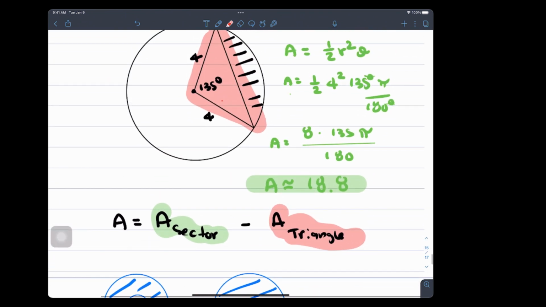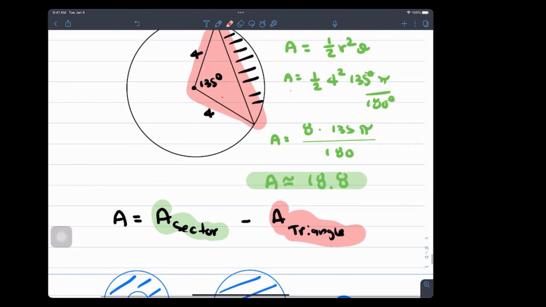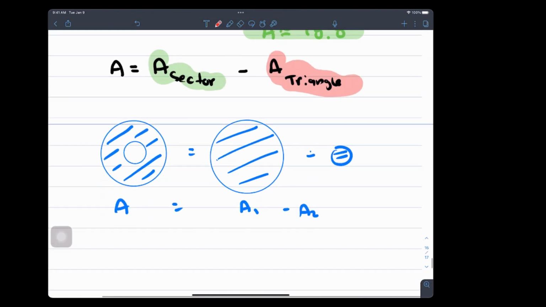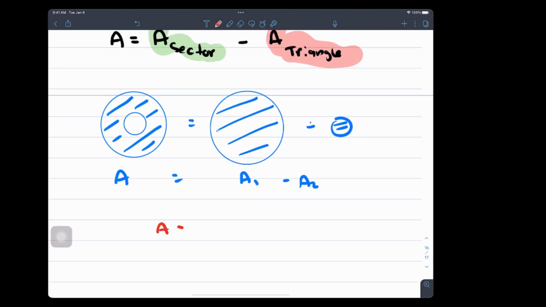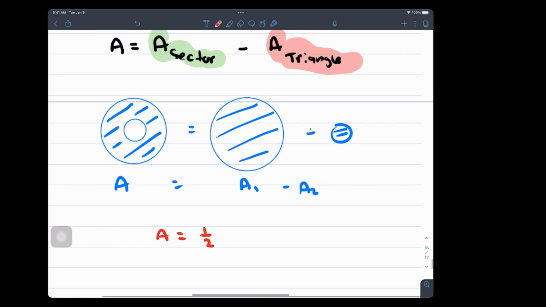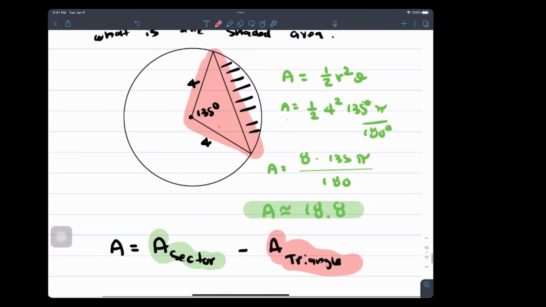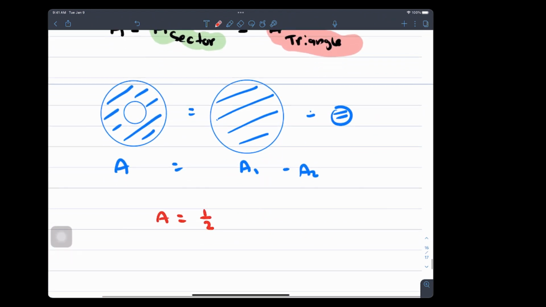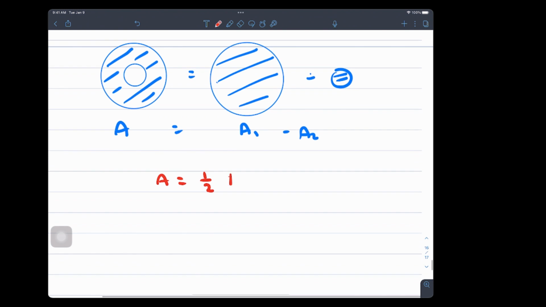How do you get the area of the triangle? Do you guys remember? Area of the triangle, now in red, is 1/2 ab sine C. We've got side angle side. Side angle side for the triangle, that's 4 times 4 times sine of 135 degrees. And then that's going to be 8 sine of 135.